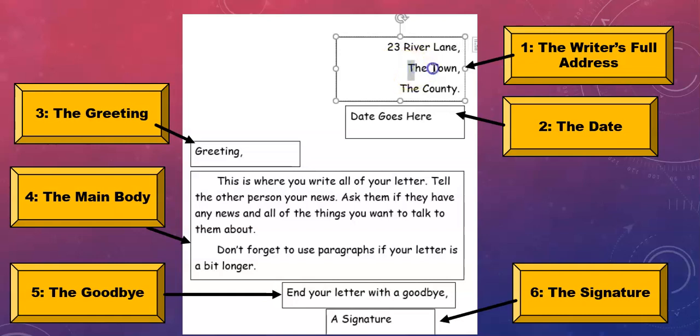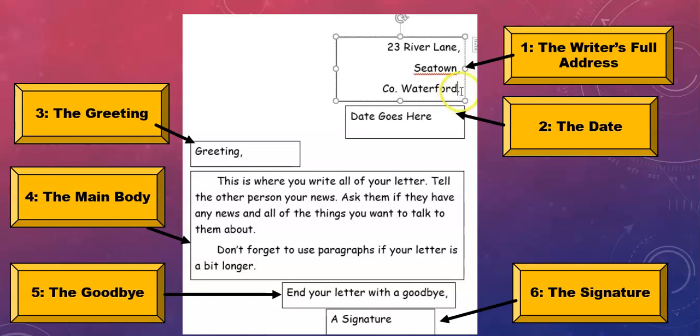The next line is the town. So what town this person is living in. River Lane, this person lives in Seatown. And again, a comma. The last line is the county. So for the county, let's say County Waterford.